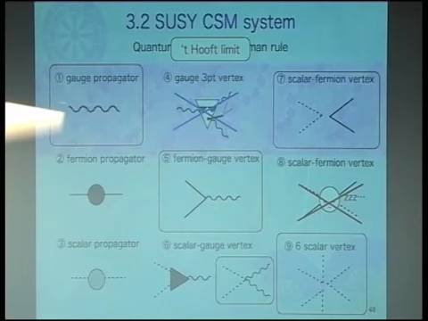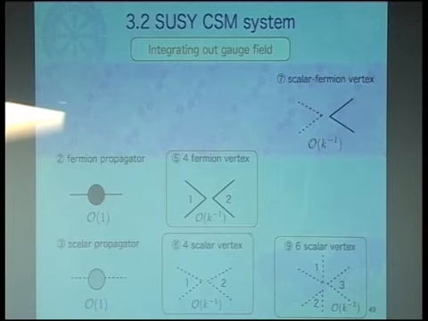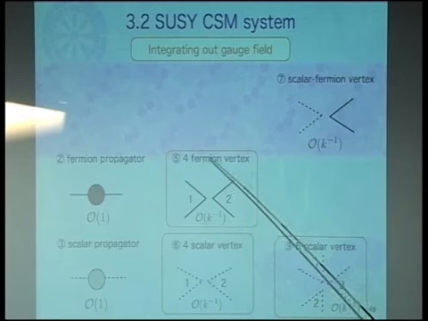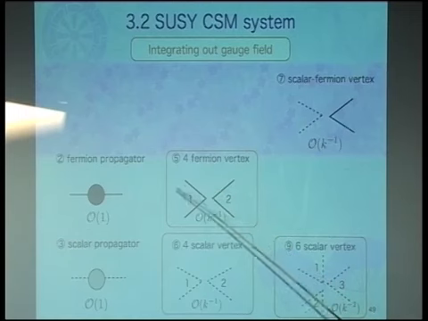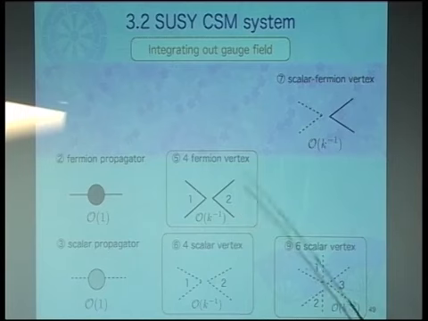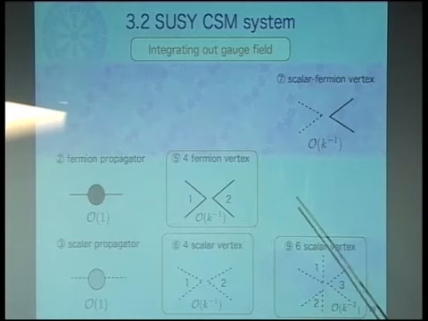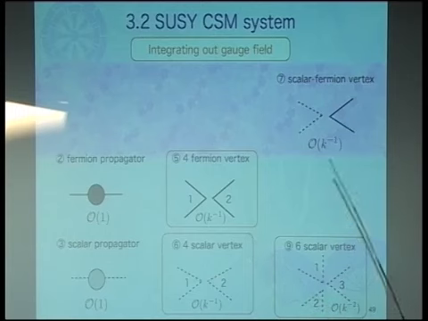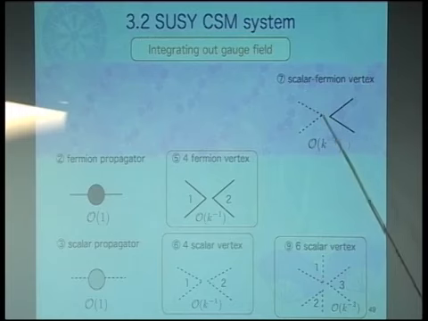To simplify the situation, let me integrate out the gauge field. Then the action becomes like this. Now the remaining things are the fermion propagator, the scalar propagator and the 4-fermion vertex, which are non-symmetric in phi and phi. The 4-scalar vertex is also not symmetric, and the scalar-fermion vertex is the same.